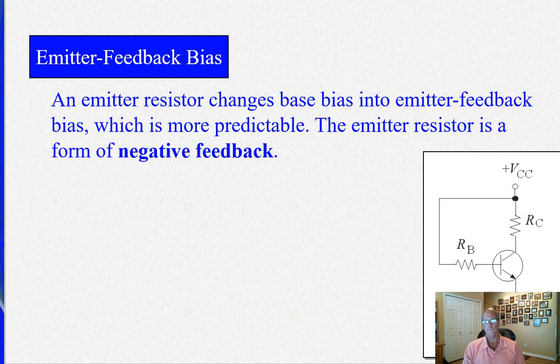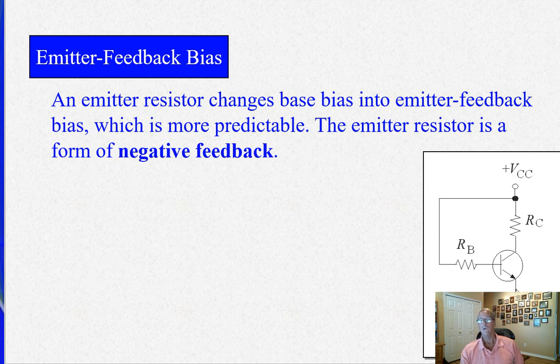Why does that work in this circuit? Well, look at this. If you have greater current going through your collector-emitter junction, in other words, collector current increases, therefore emitter current increases, what happens? Well, you induce a drop of voltage across RE. As that voltage increases, what happens? The difference between VCC and VB decreases as the emitter goes up, because VBE is always 0.7 volts.